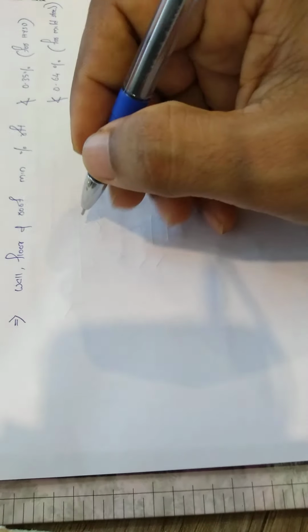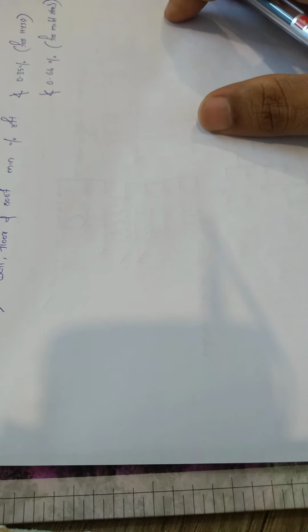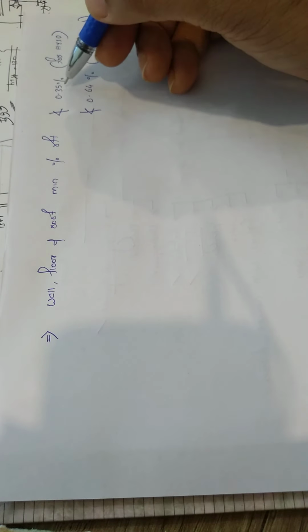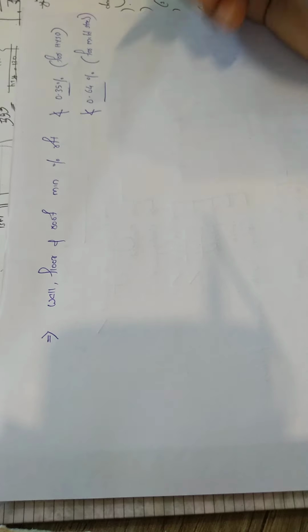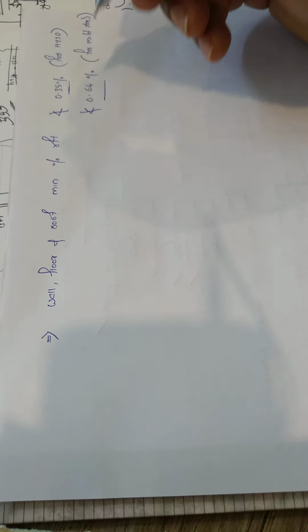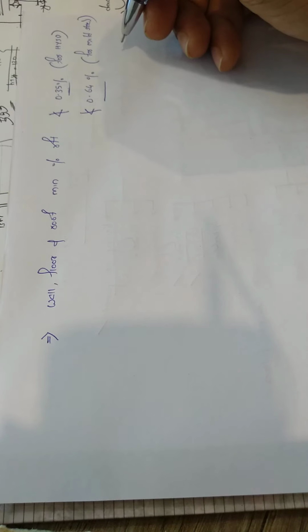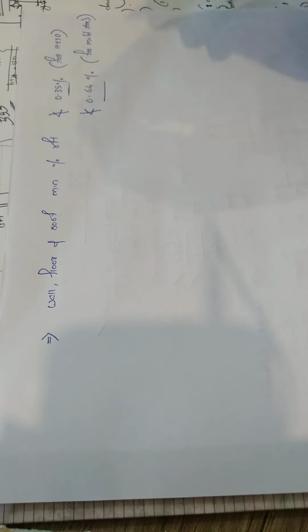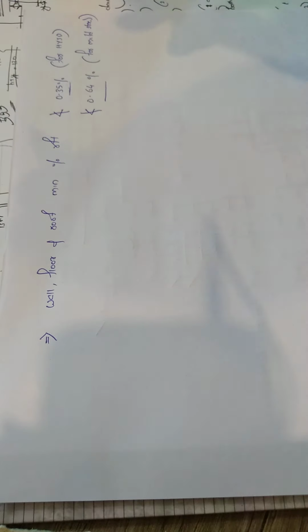This is again the code stating that these values are very high, like 0.35% and 0.64%, when we compare with the earlier code that we were using, IS 3370 Part 2, 1967, where it was only 0.3%.